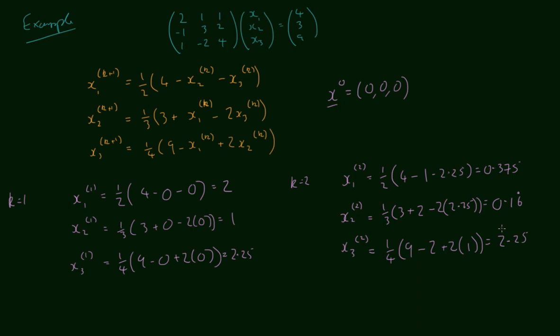Generally speaking, the more you iterate, the closer these estimates of our solution will get to the actual solution. But of course we can't go on forever, so we need to know when to stop. This is the idea of what we call the residual. The residual is a vector r, equal to our constant vector b minus A times our vector x, remember we're solving Ax equals b.